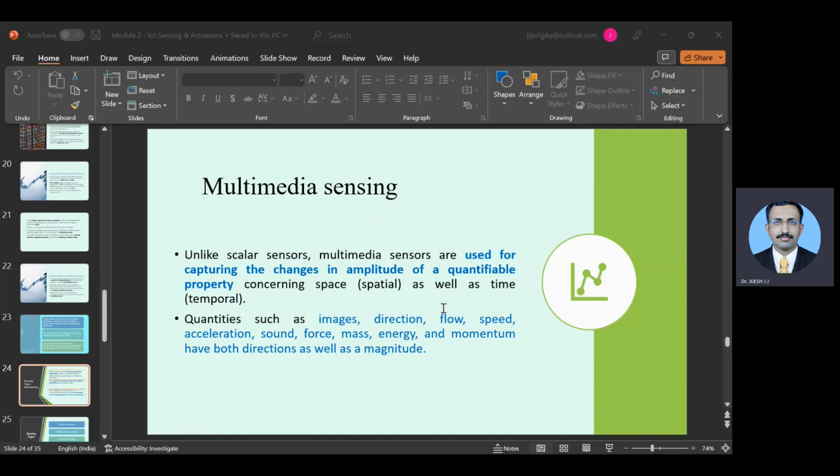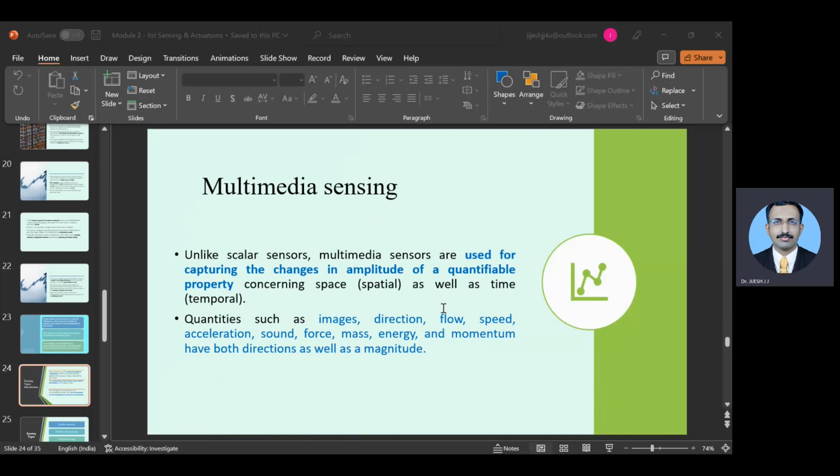So the parameters such as speed. How can you make sure that the speed is increasing or reducing? You might have seen everywhere that you can measure the speed of a vehicle, right? Then mass, energy, momentum have both direction as well as magnitude. Which is having both direction and magnitude, you call it multimedia sensing.